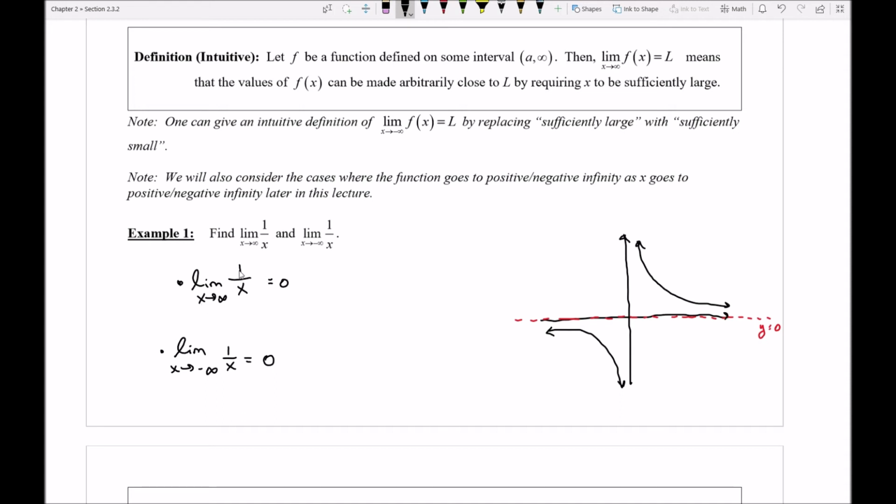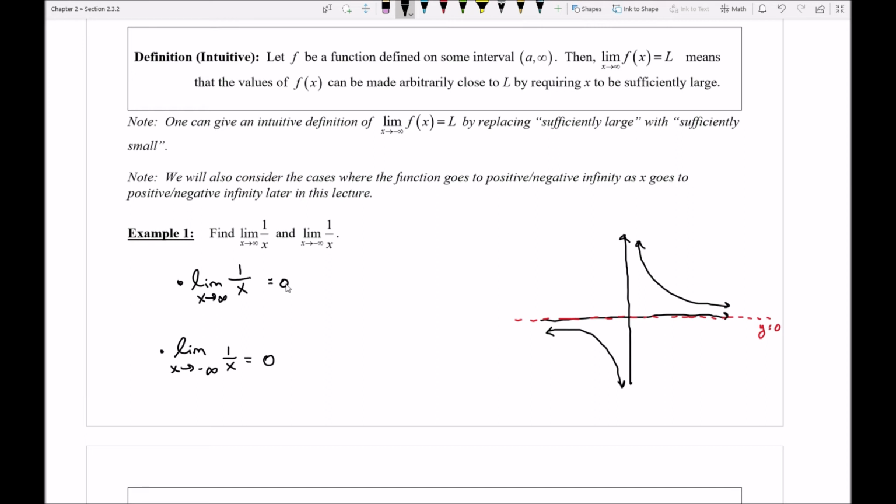Well, think about the values of our fraction that we're going to have here. 1 over a billion is a very small number, but as x continues to grow, to say 1 over a trillion, then that fraction gets even smaller as the denominator continues to increase. So when I have 1 over something getting really, really big, I know that's becoming very, very small.